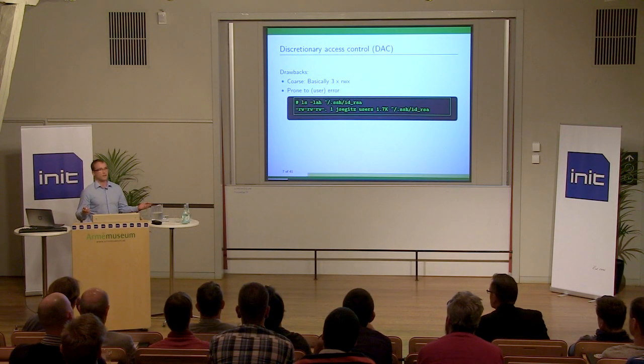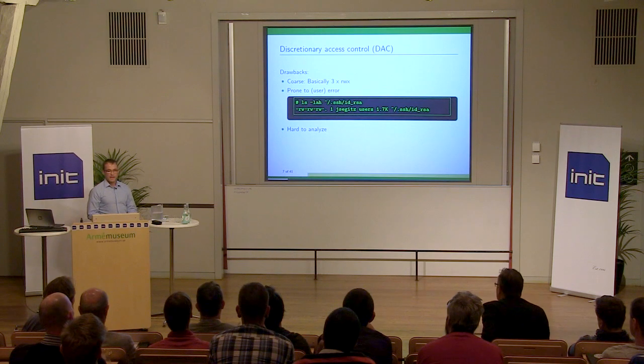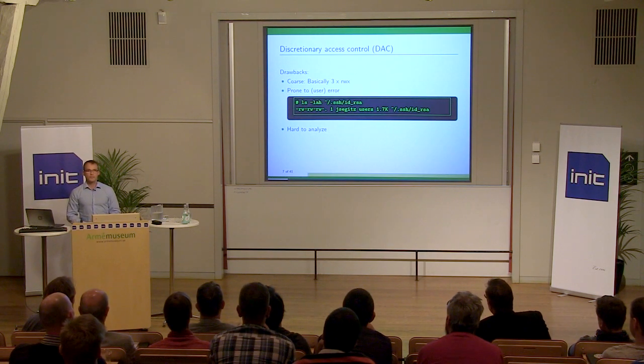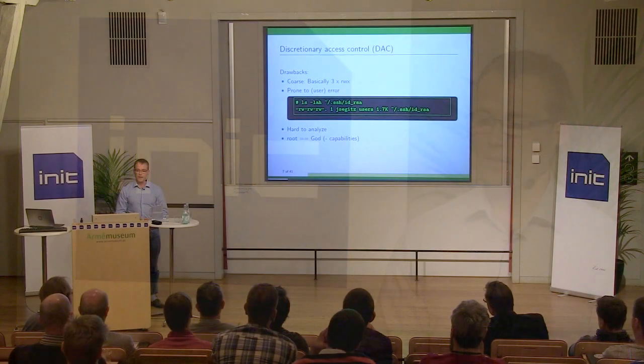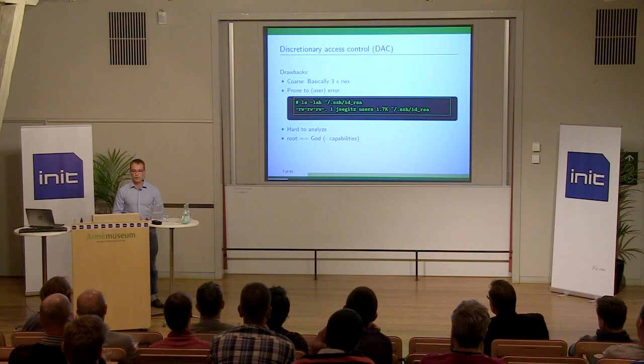If I do that, then tough luck for me. Next, it's hard to analyze. All the permissions are spread over the whole system. There's no central way to analyze it. There are, of course, tools that can help you with analyzing those permissions, but you first have to use something like this.